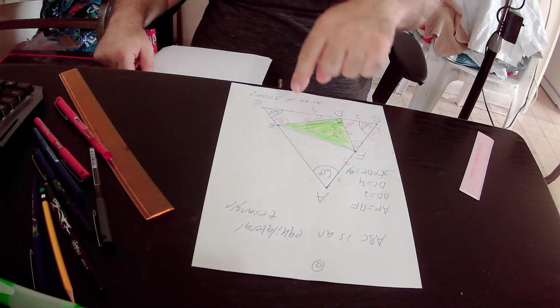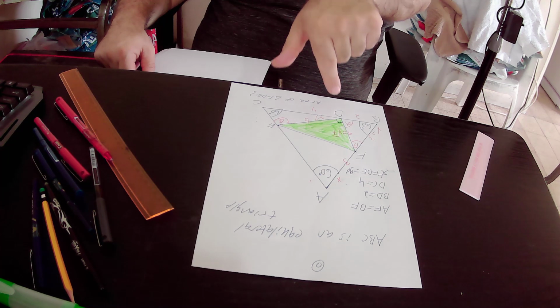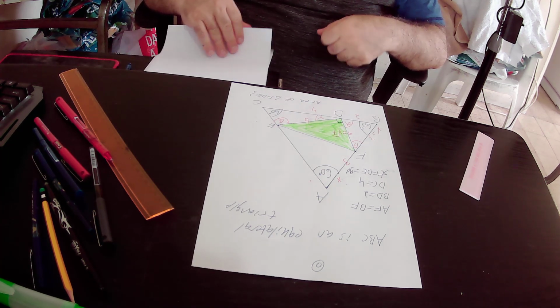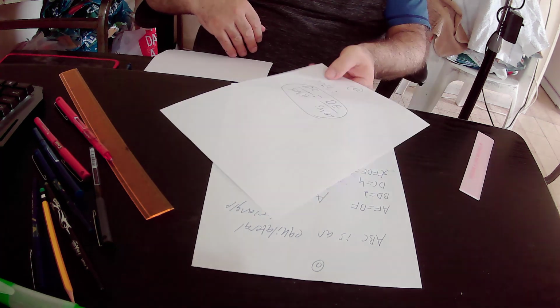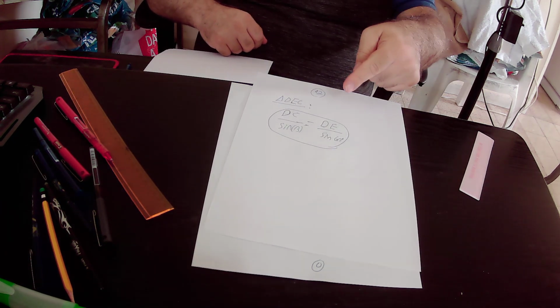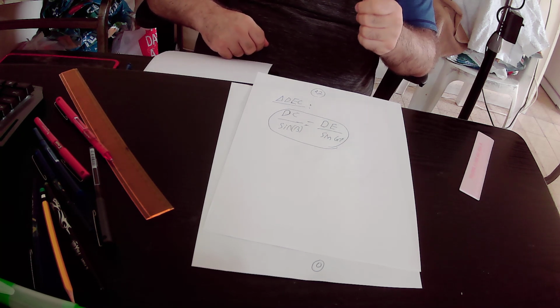Okay, DE over sine 60 degrees equals DC over sine beta. Again, in the small triangle DEC, DC over sine beta equals DE over sine 60 degrees.